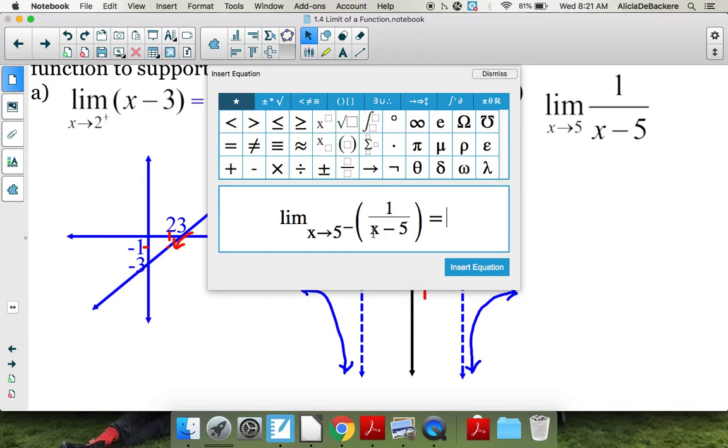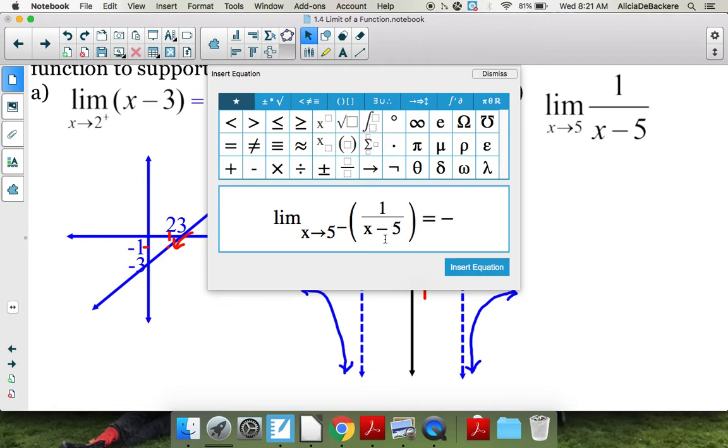And when I plug 4.99 into the equation and I subtract 5, I am going to get a really small negative number, something really close to 0 but negative. And so then I'm doing 1 divided by that negative number, so I know that my answer is a negative. But when I take 1 and I divide it into really, really small piles, like 0.001 size, I'm going to get a lot of different piles.